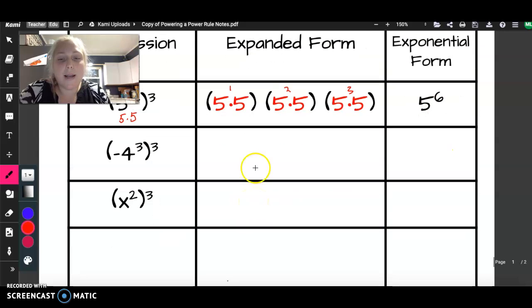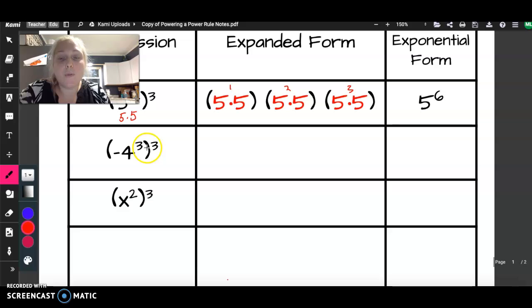So we're going to look at -4 cubed raised to the third power, and we're going to see what happens with those exponents. -4 cubed just means you have -4 times -4 times -4. That means you're multiplying -4 times itself 3 times.